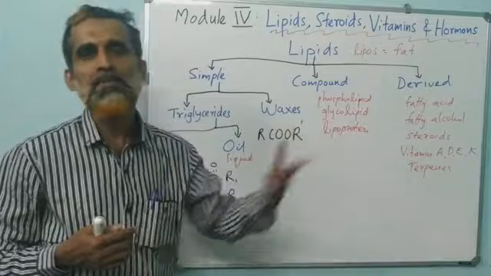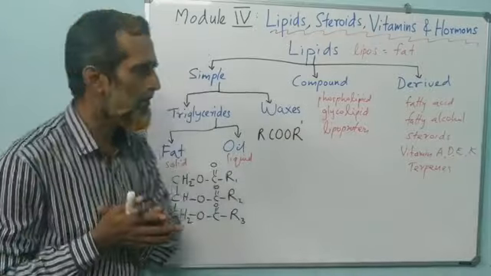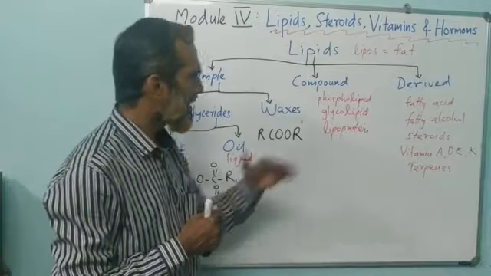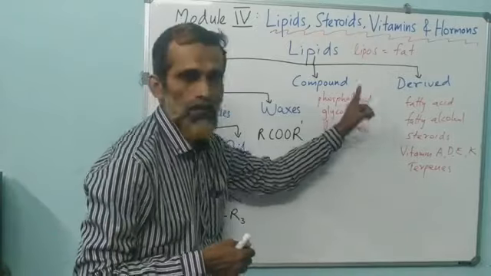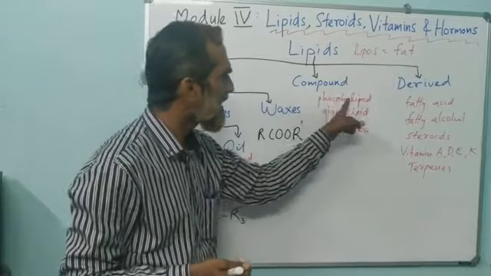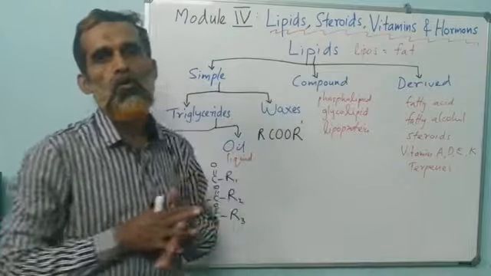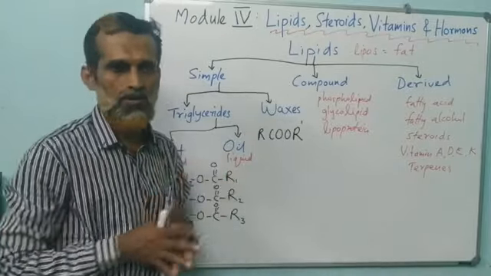Lipoprotein is lipid plus protein molecule or amino acid, like that. So that's compound lipid. On hydrolysis, the lipid part will give alcohol and carboxylic acid, and in addition it will give one more group, a biomolecule.